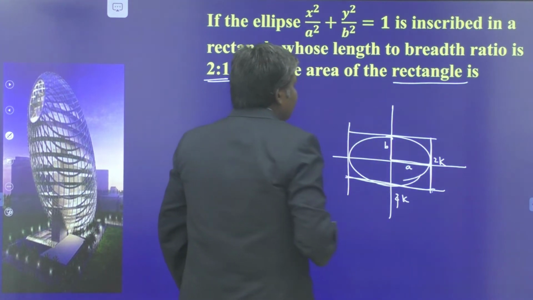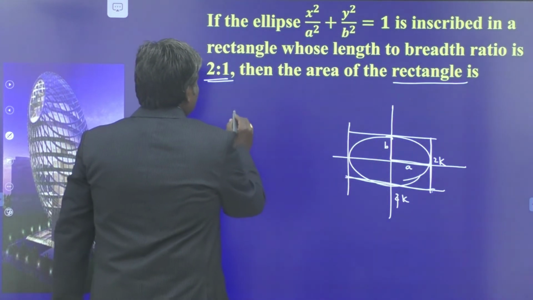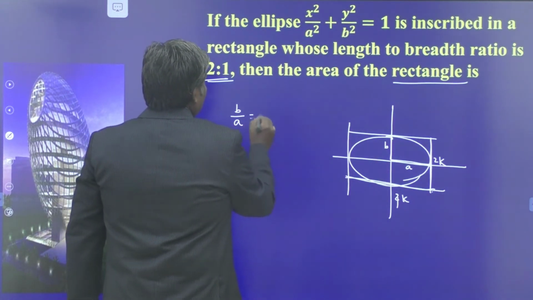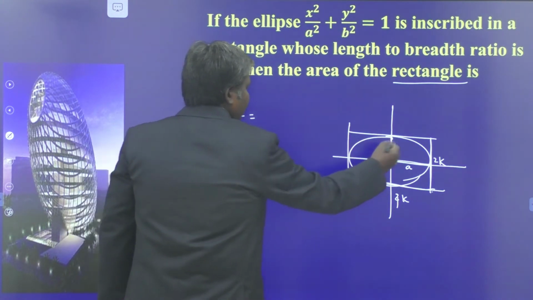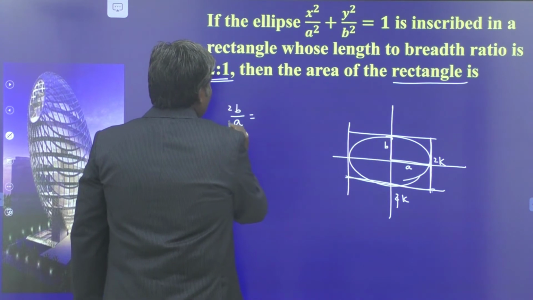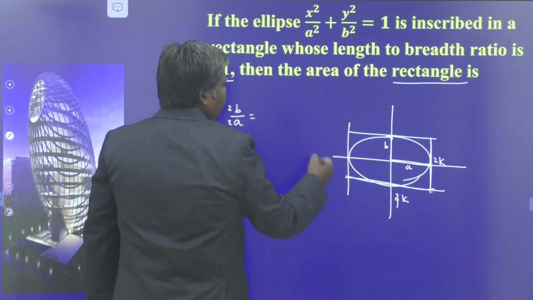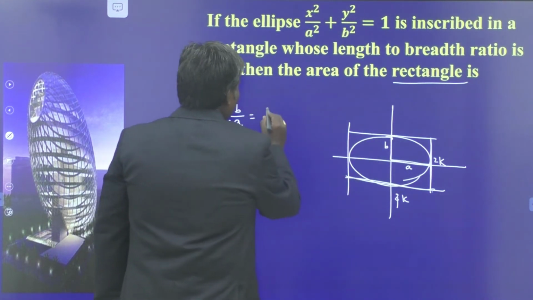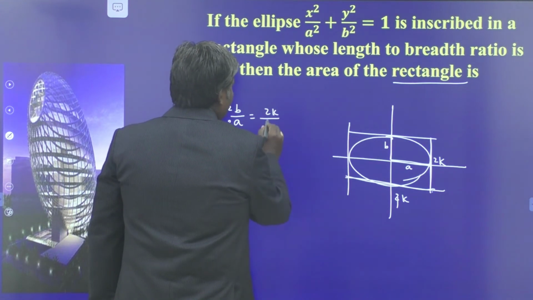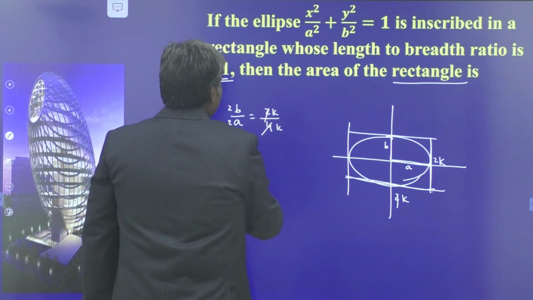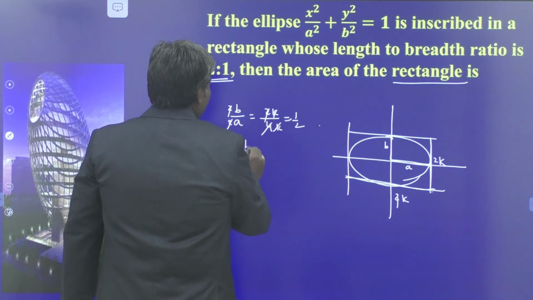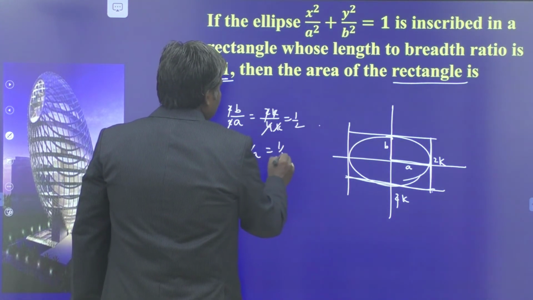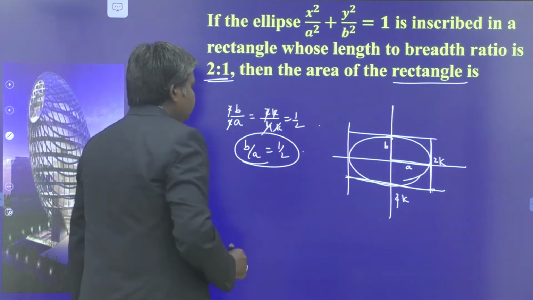The ratio b by a is given to you. b by a is nothing but 2k by 4k. Am I correct or not? This is 2b by 2a, you may write. 2b by 2a is nothing but 2k by 4k itself. So we obtain 1 by 2. Therefore, the ratio b by a is equal to 1 by 2.